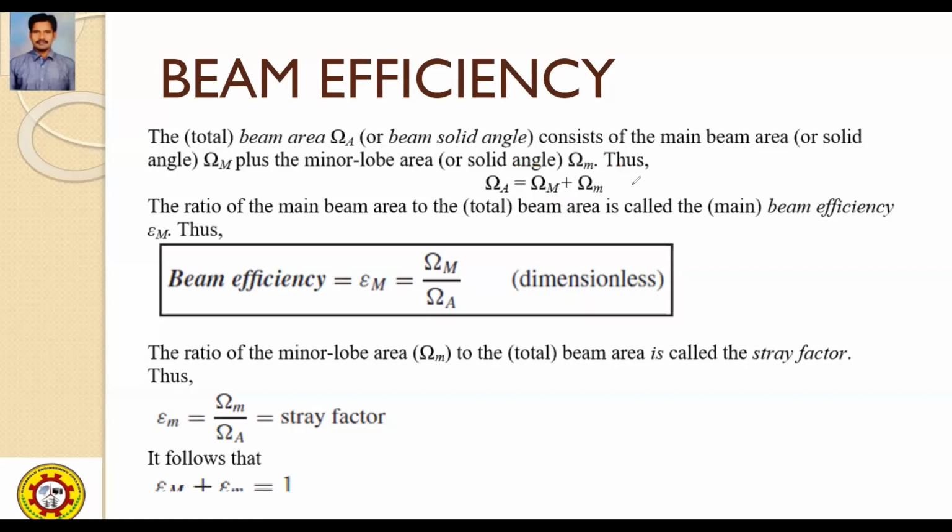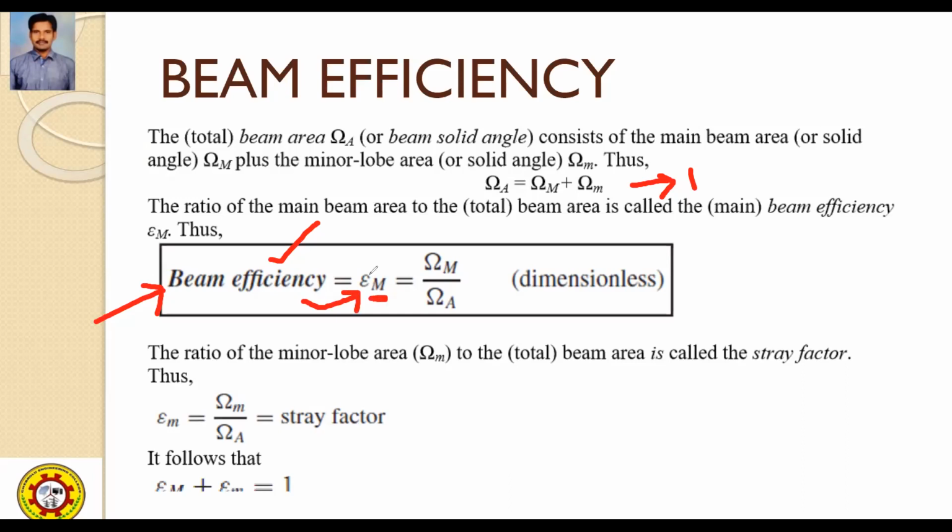So from this equation as a reference, now we are defining the parameter beam efficiency. This beam efficiency can be represented by the abbreviation epsilon m.